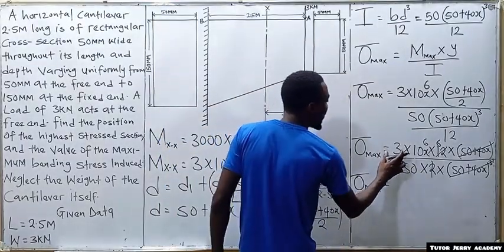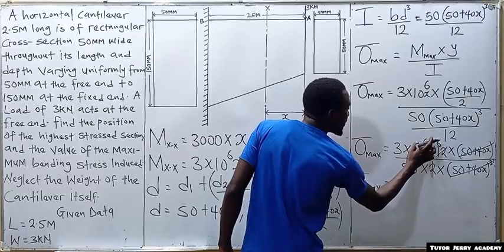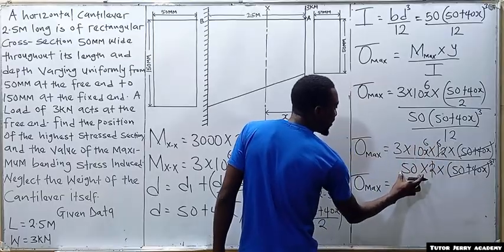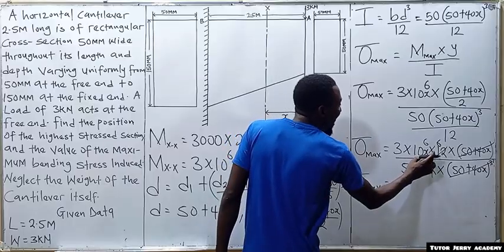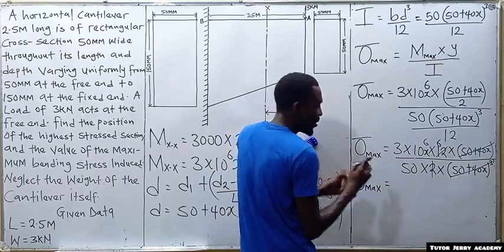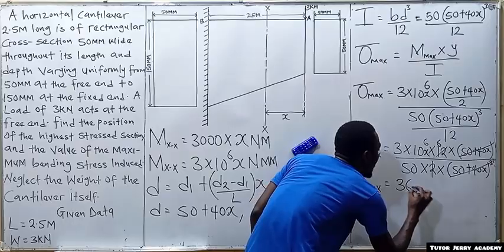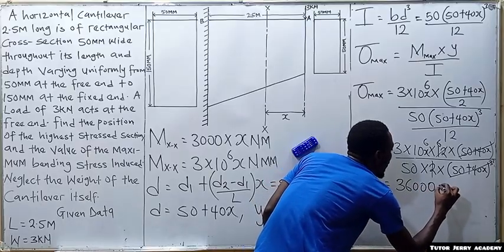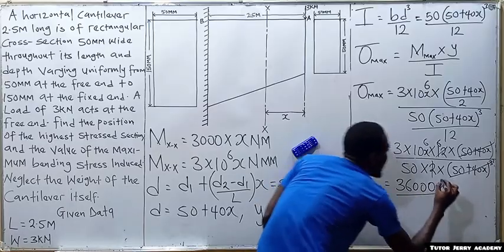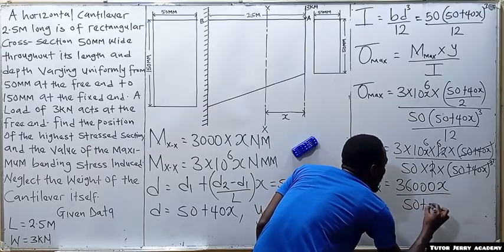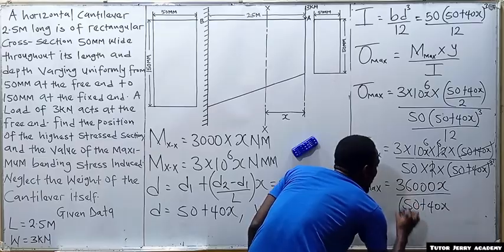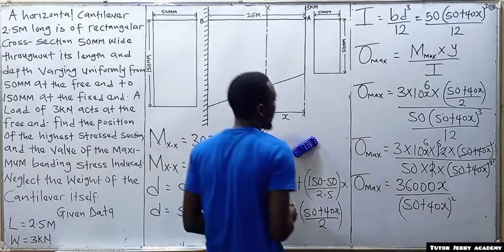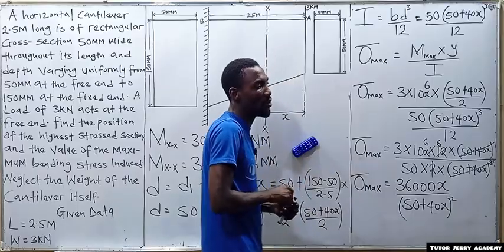So I'm going to have 36,000 s divided by 50 plus 40s all to the power of 2. All right, so that is what we are going to have.